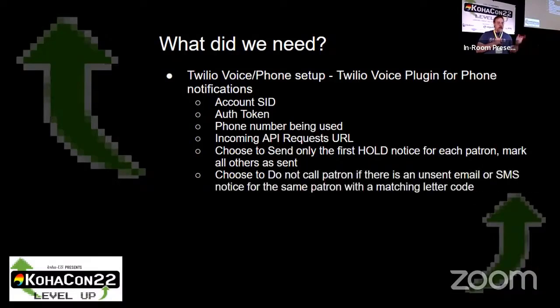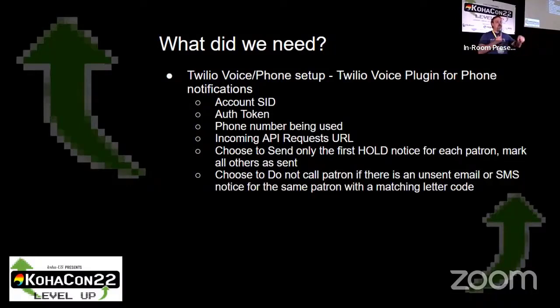There was also another option to choose: do not call the patron if there is an unsent email or SMS notice for the same patron with the matching letter code. So basically, if they opted to have email and phone, or email and text, or all three, and there is an unsent email message or an unsent text message of the same notice, it's not going to make the phone call.